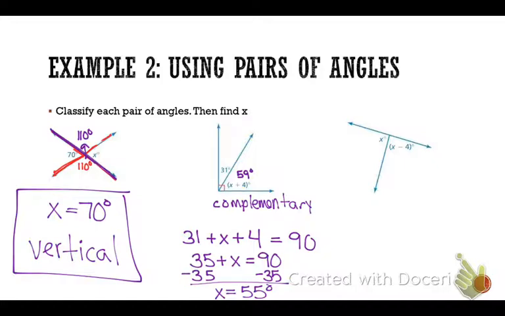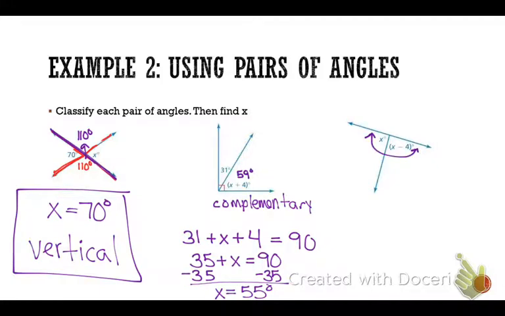All right, so look at this next one. These two angles right here, what's this up here? That's a straight line, right? Which its measure adds up to what? 180, which means that these two angles have to add up together to equal the 180.